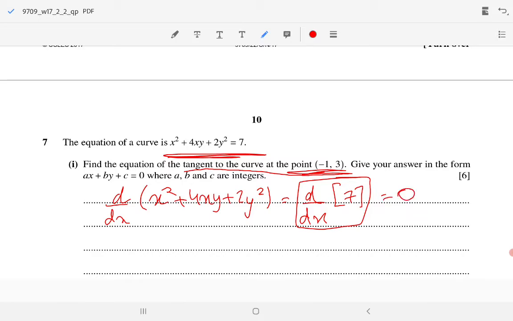This part we'll have to divide into x squared, 4xy, and 2y squared, where for 4xy we are going to use the product rule with the chain rule.